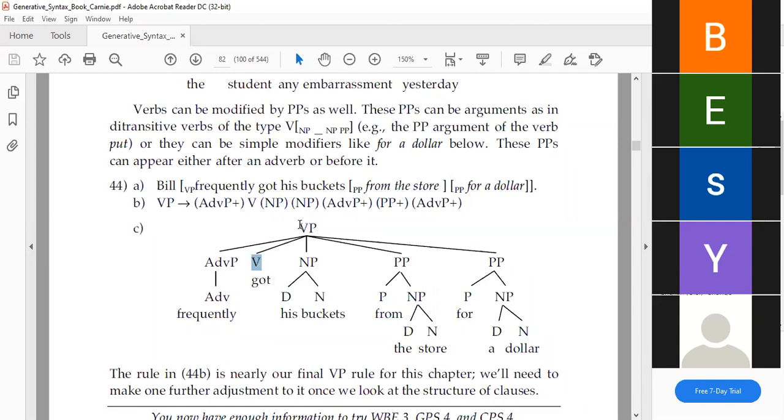And we said we can't have them under the verb. We must have them under the phrase they modify. So ADP, NP, PP, PP, they modify the verb phrase, so they must be within the VP.